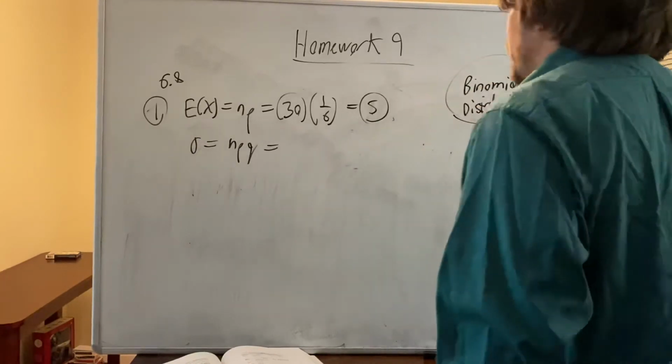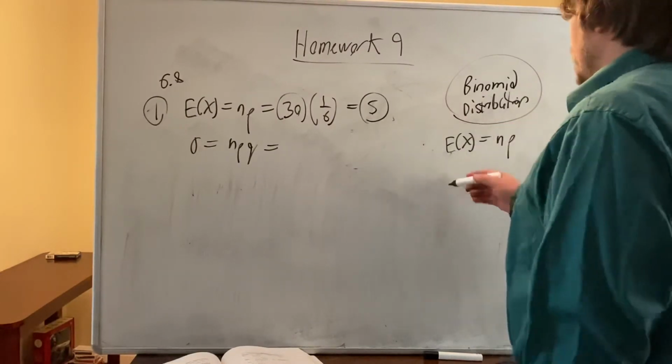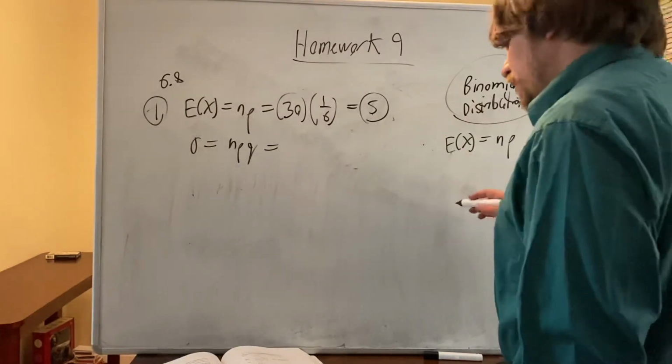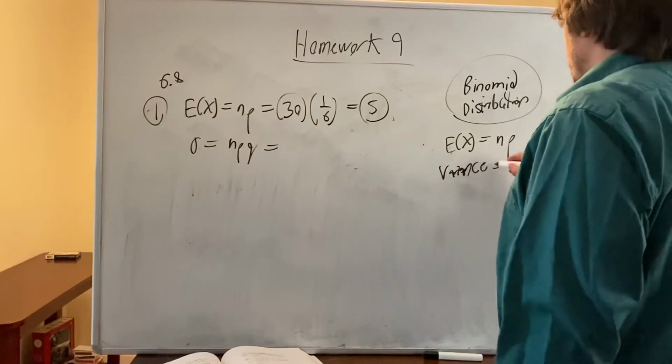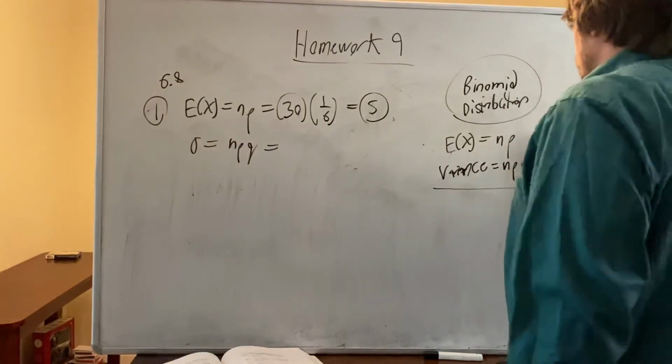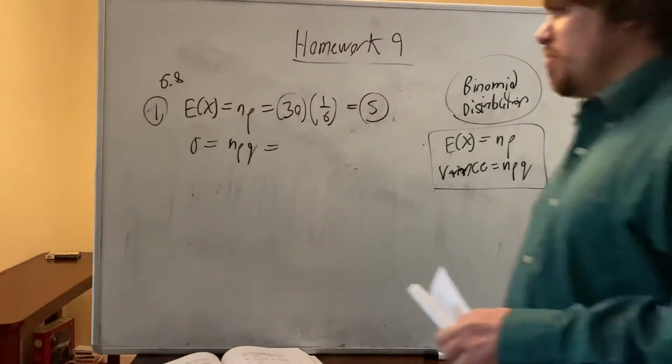Okay, so for a binomial distribution, the expected value is NP, and the variance is NPQ. Okay, you can compute the variance without the formulas, but it speeds it up.